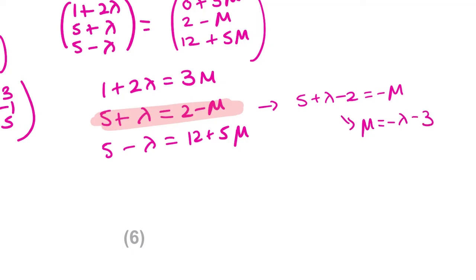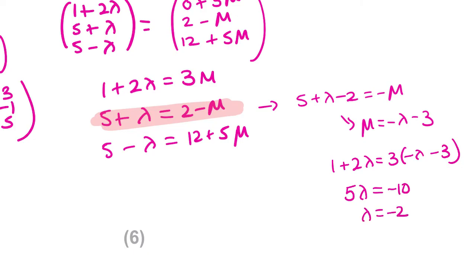Okay, I'm going to substitute that into the first one. So I'm going to get 1 plus 2 lambda equals 3 lots of minus lambda minus 3. So I'm going to have 5 lambda equals minus 10. So lambda equals negative 2.